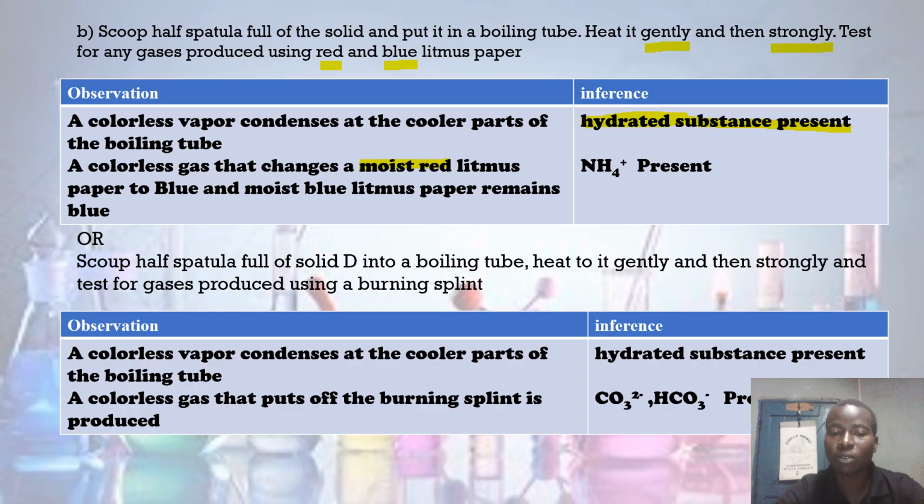When it puts off the burning splint, we are going to look at carbonate ions or hydrogen carbonate ions being present, because when you decompose a carbonate or a hydrogen carbonate, usually we produce carbon dioxide gas. It is the one that makes the burning splint go off.